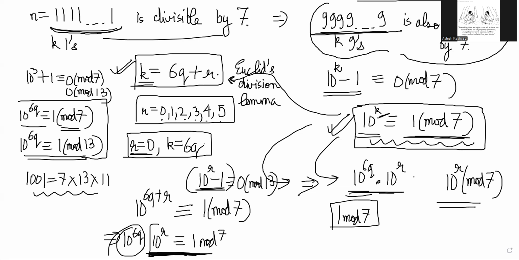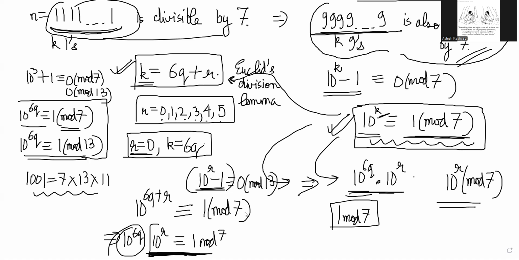And the number that was given, we converted that to 99999 because multiplying by 9 doesn't change divisibility by 7. Even here, once we get 1 mod 7, 9 and 13 are co-prime, so we can remove it, right? Yes sir. So after that, it works out.